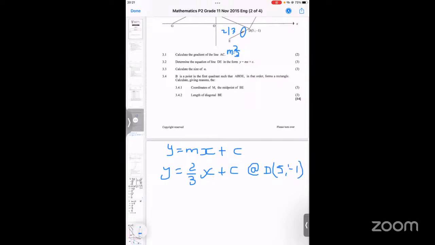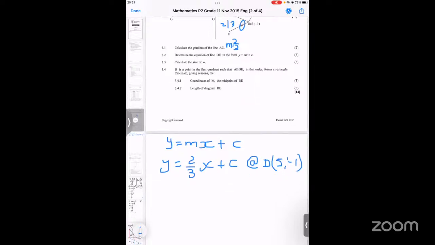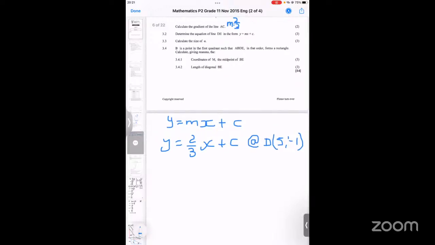For me, I prefer using this method because it's much safer as compared to the other one. There's someone who used the other method, they substituted correctly, but they calculated incorrectly. This one is straightforward because where you see y, you put that, where you see x, you put that.